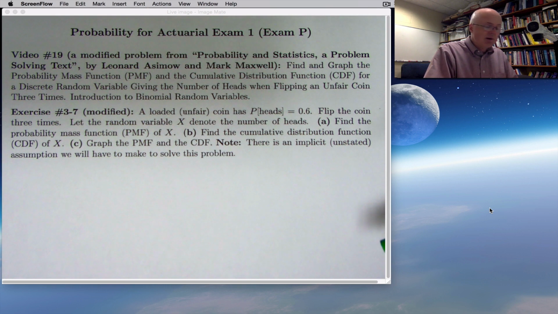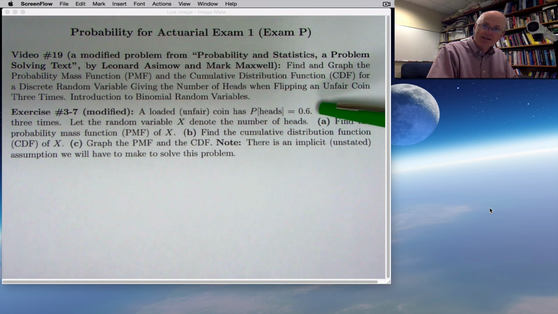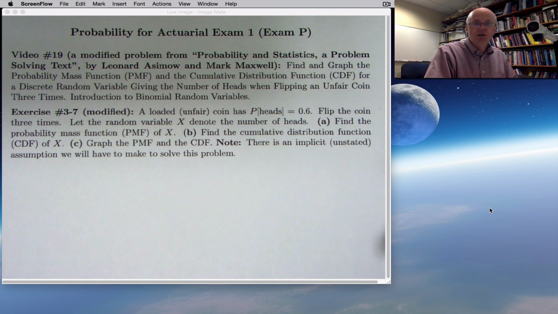In this case, the discrete random variable gives the number of heads when flipping an unfair, weighted coin 3 times. Usually you flip a fair coin with a probability of heads of 0.5, 50% on any given flip. This time it's going to be 60% on any given flip. You could also think of this video as an introduction to binomial random variables, a special kind of discrete random variable. We'll talk a lot more about binomial random variables in videos to come.